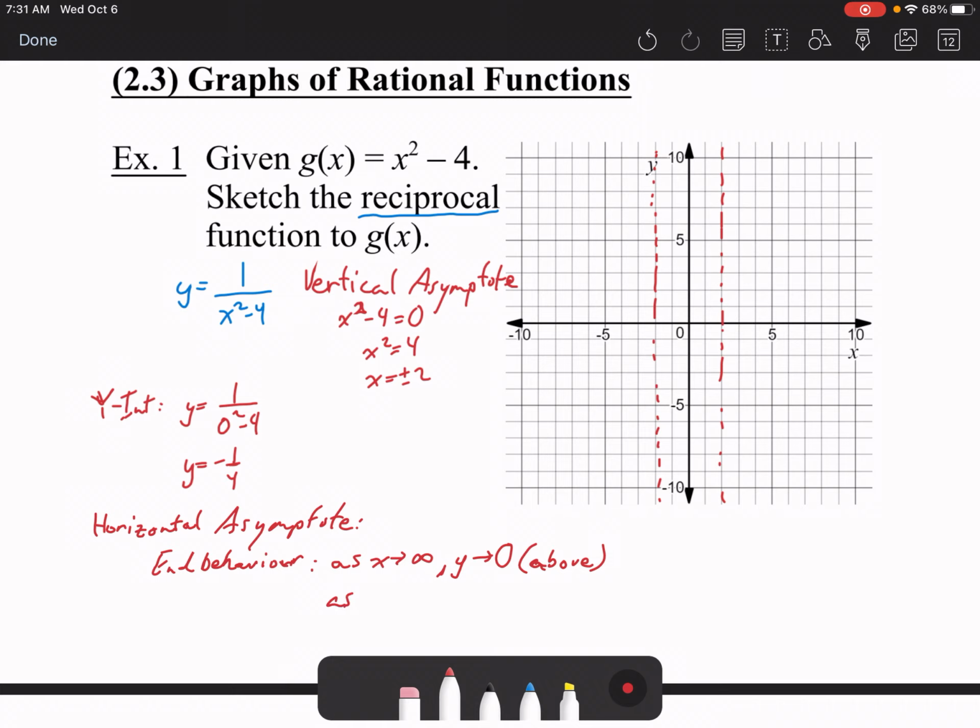And then as x approaches negative infinity, you also get y approaching 0 from above. This gives us our horizontal asymptote as the equation y equals 0. So what I'm going to do is draw a dashed line at y equals 0.